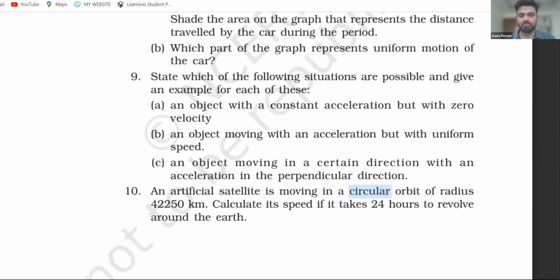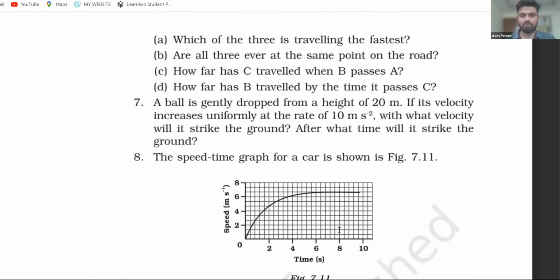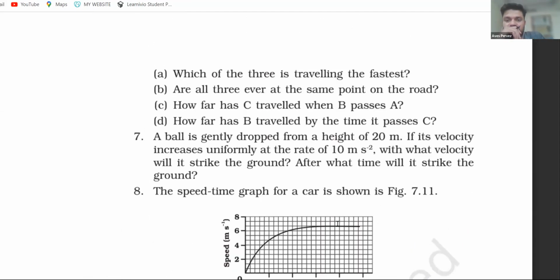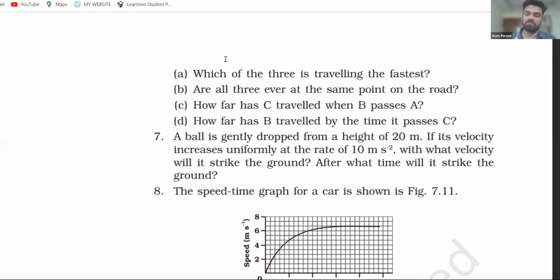Okay, do this question, question number 7. This is an easy and simple question.